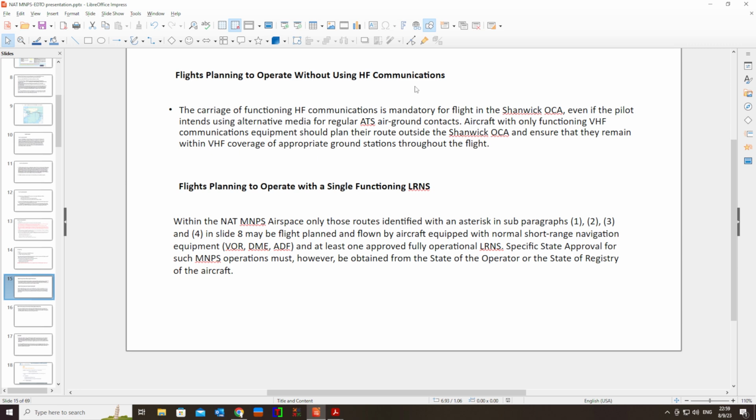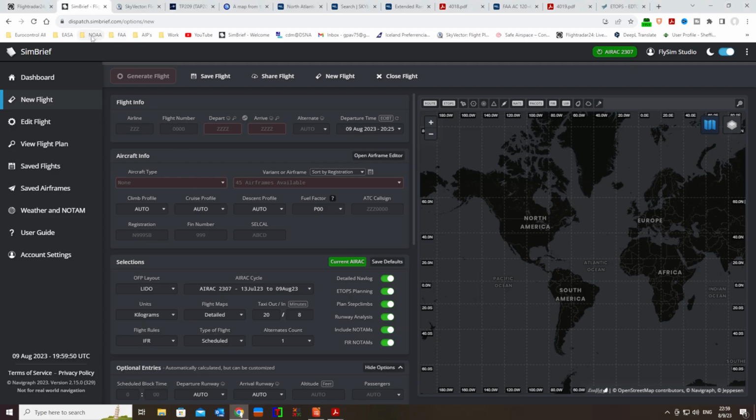So for me, if I had an aircraft and the solar effect was really high, I will show you where you can find that.